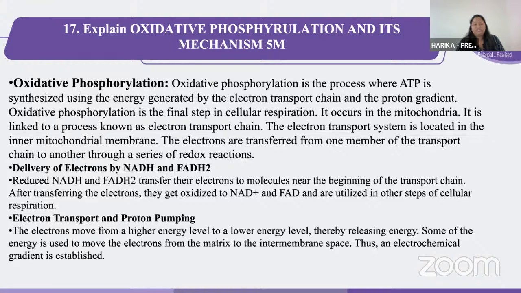Next, chemiosmosis. Chemiosmosis indicates that oxidative phosphorylation uses chemical reactions that release energy to drive a chemical reaction that requires energy. These two sets of reactions are coupled and interrelated. The flow of electrons through the electron transport chain is an exergonic process, and the synthesis of ATP is an endergonic process.